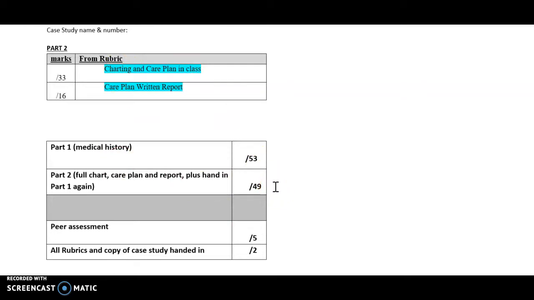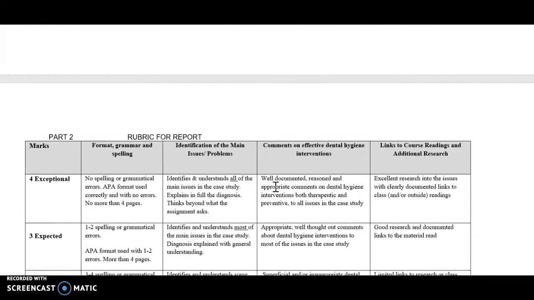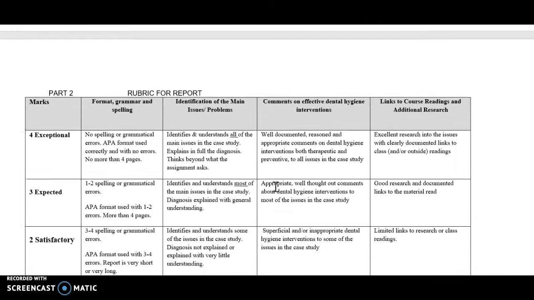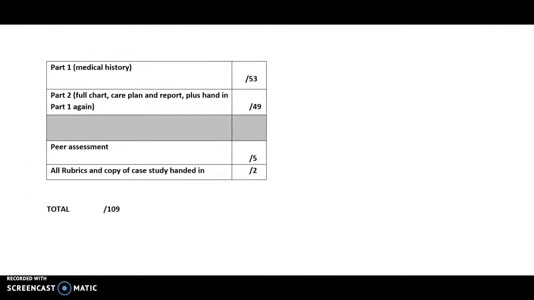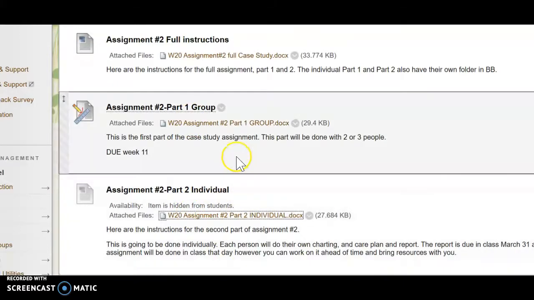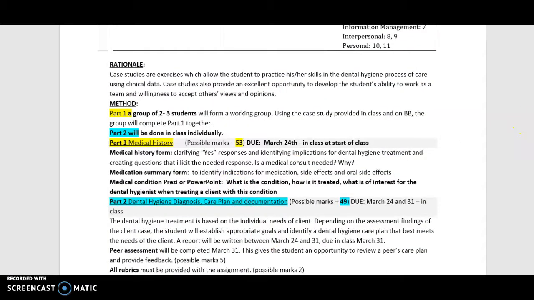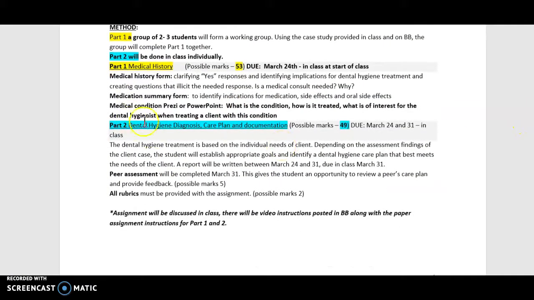So this rubric, each person needs to hand one of those in, and you'll also need to hand this one in with your final assignment. So back to Blackboard, that basically talks about assignment 2, part 1 and 2. And then back to the full instructions, it just talks about part 2 as I just went through.